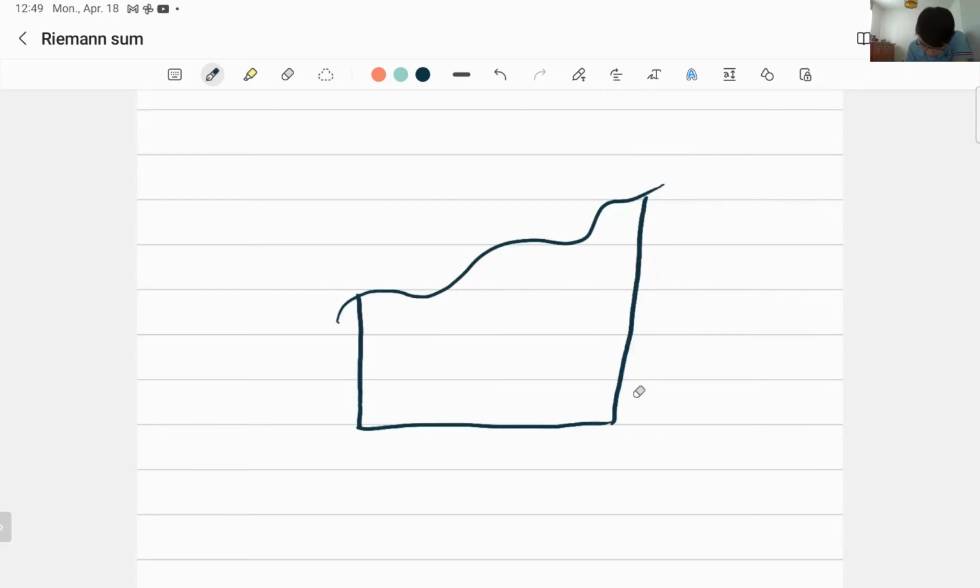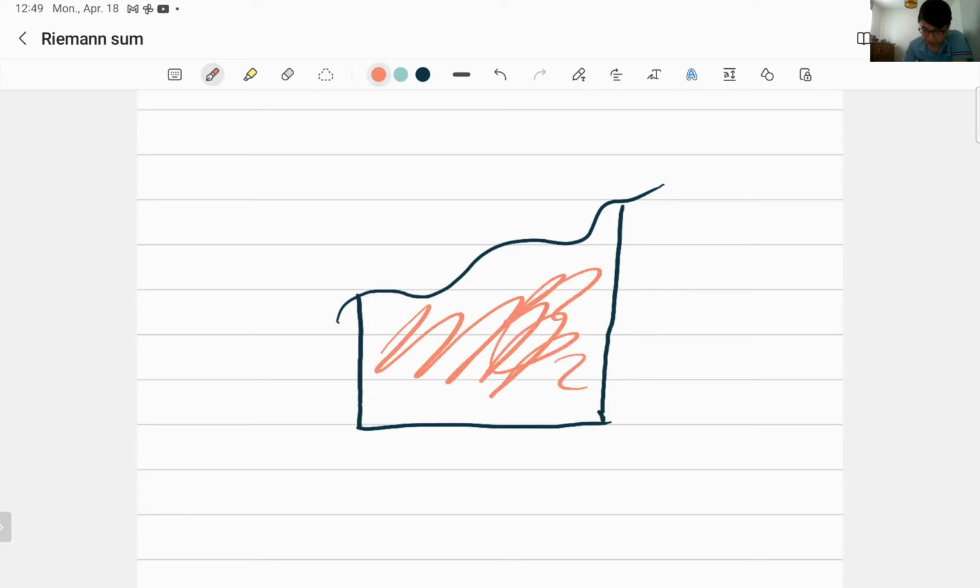At the base it's a rectangle, a straight line, so everything is a straight line except for the top. What I want is to measure the area of this. What does this area equal?